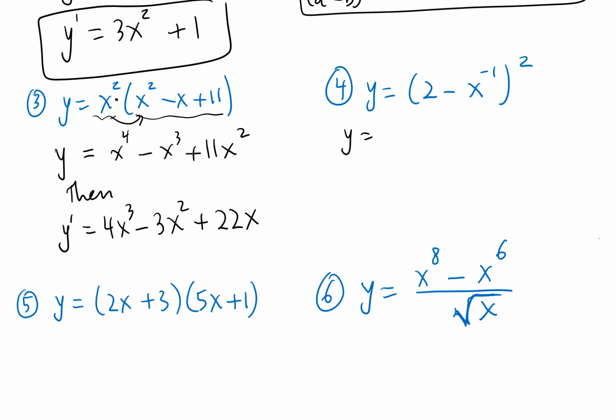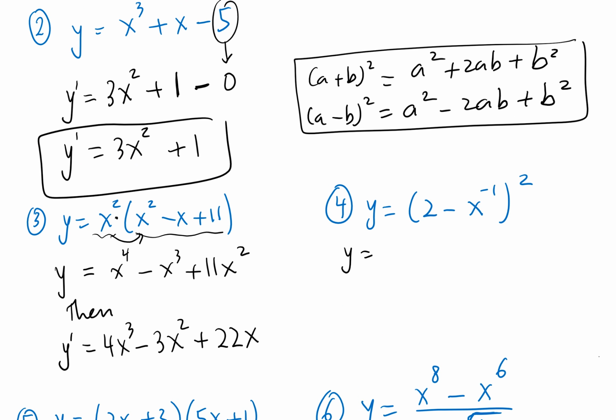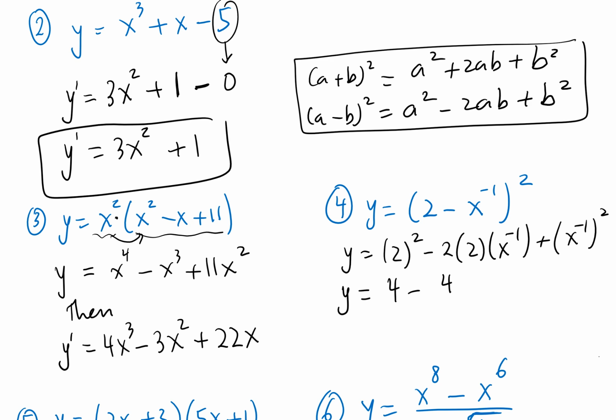You can multiply 2 minus x to the negative 1 by itself twice, or you can expand using the a minus b squared formula right above it in the box, which says take the 2, square it, minus 2 times the first one times the second one, plus the next one squared. So then y equals 4 minus 4x to the negative 1. And this one you multiply exponents. So far, no calculus yet.